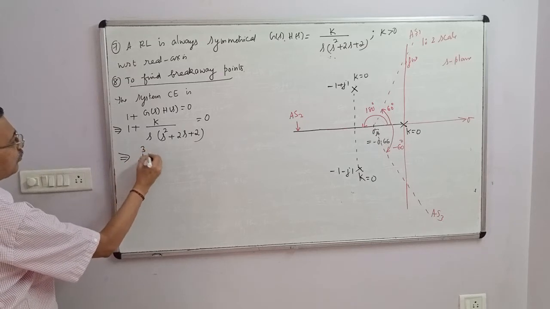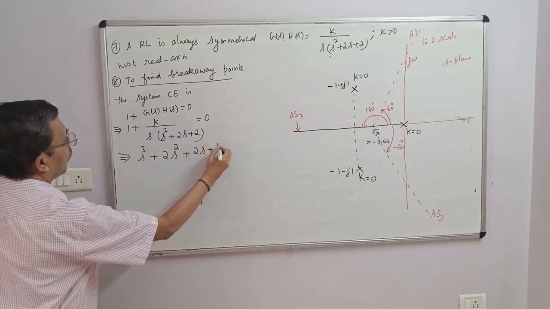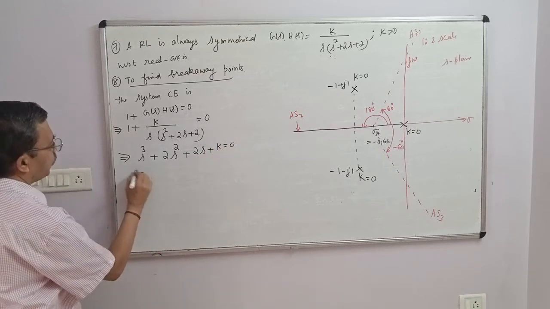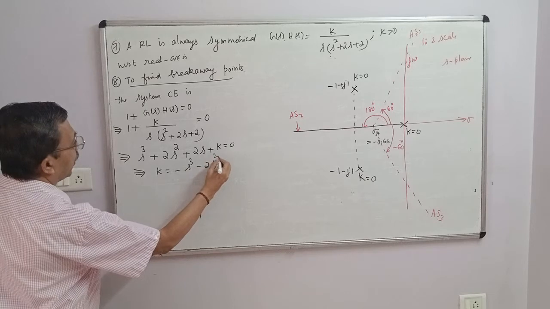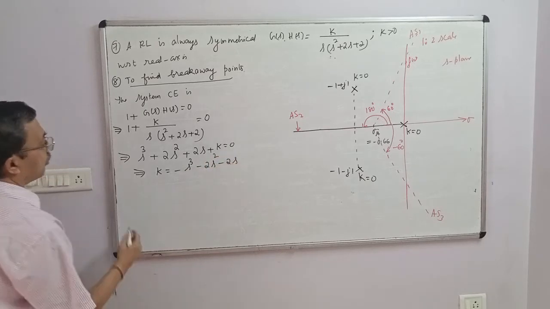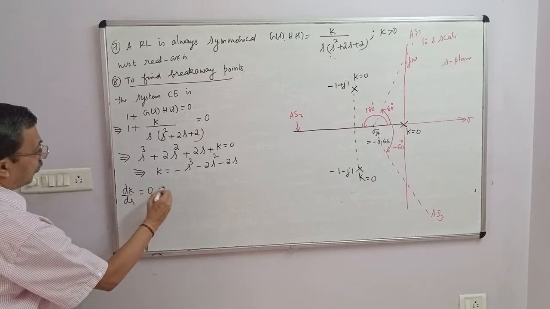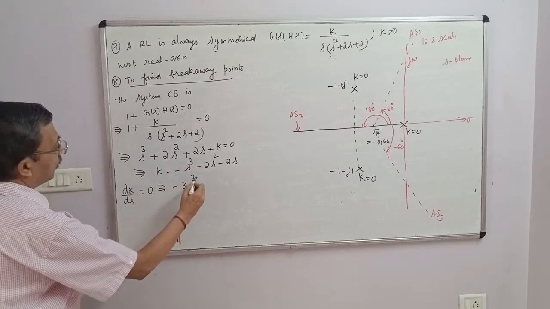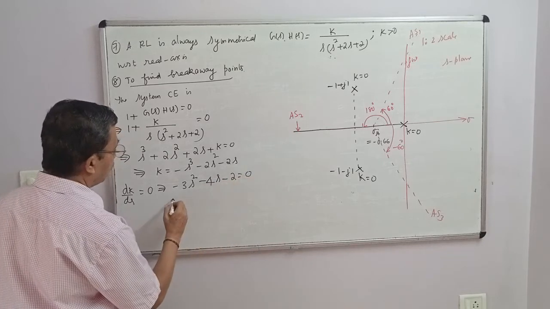This implies s cube plus 2s square plus 2s plus k equal to 0. This implies k is equal to minus s cube minus 2s square minus 2s. dk by ds equal to 0 implies minus 3s square minus 4s minus 2 equal to 0.